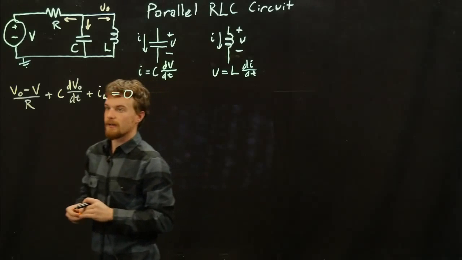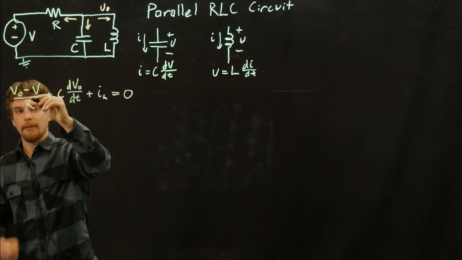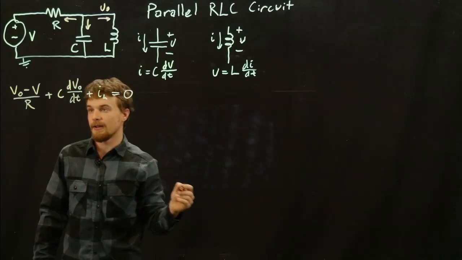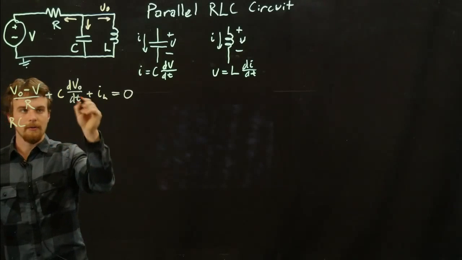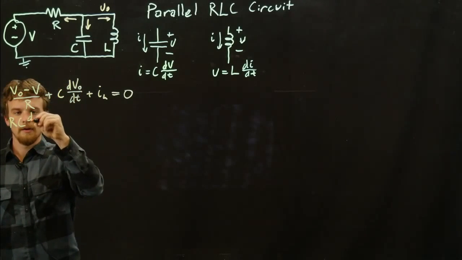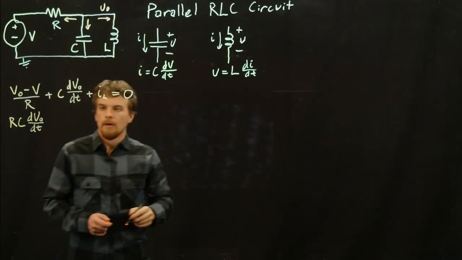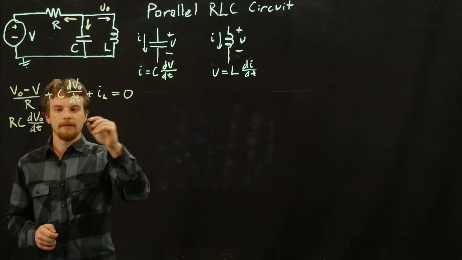Let's rearrange this just a bit. We're going to move this constant V from our source over to this side of the equation, and I'm going to reorder the terms a little bit too. And I multiplied by R as well, right?